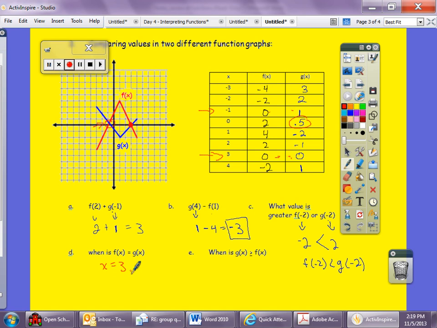And it says, when is g of x greater than f of x? Well, when is g bigger than the f? Well, if we compare these, g is bigger, g is bigger, g is bigger, g is bigger, but then now g is smaller, smaller, smaller, but once again g is bigger, so it's greater here, and it's also greater here. So it's greater from this value.